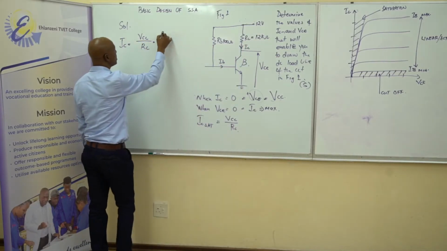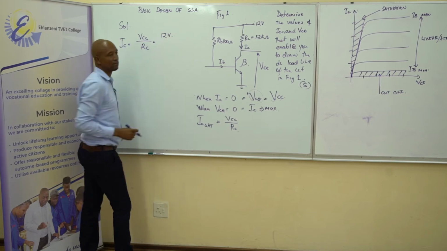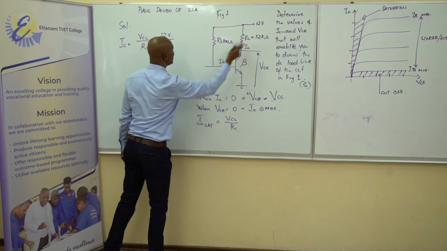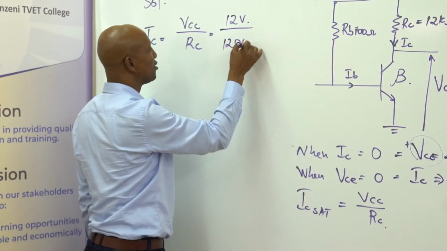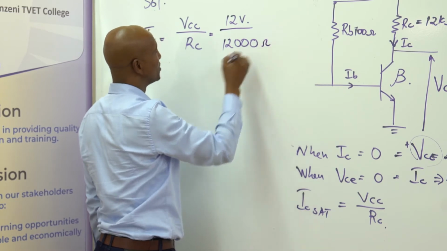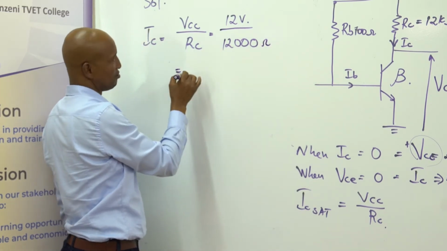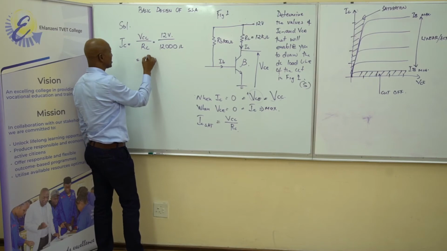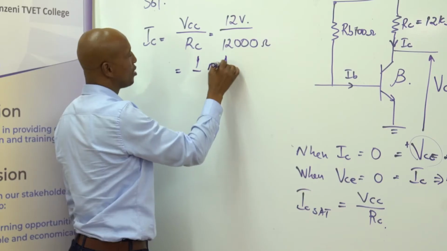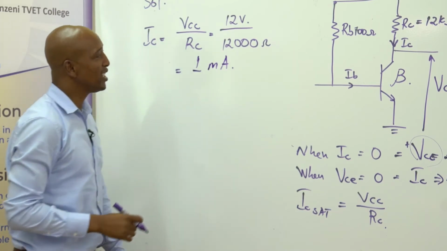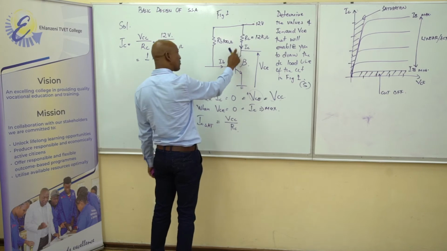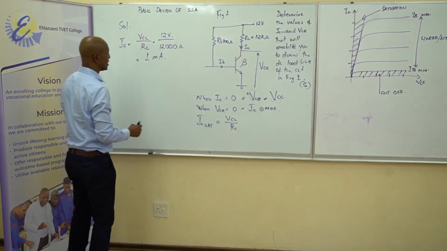VCC is given to be 12 volts. What's the value of RC? RC is given to be 12,000 ohms, or 12 times 10 to the power 3. This gives us something like 1 times 10 to the minus 3, which is 1 milliamp. So it means in this circuit, a maximum current of 1 milliamp must flow.